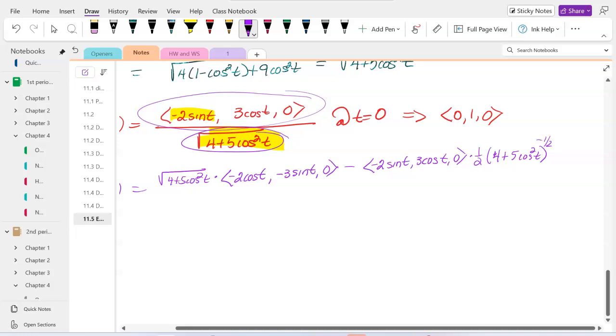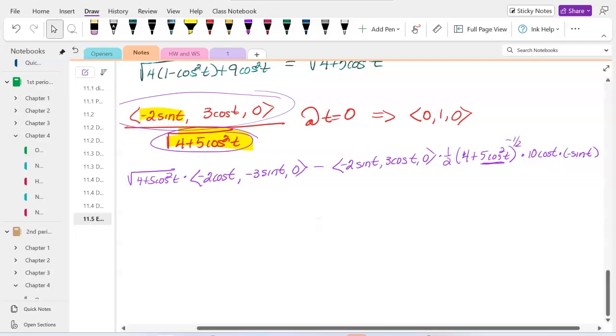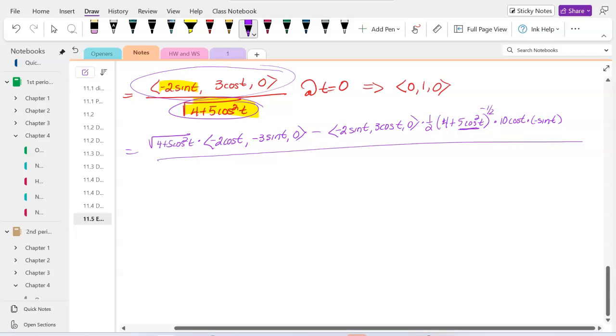I've got to deduct that 1 times the derivative of the inside, which is a multiple chain. 2 times 5 is 10. I have cosine t times the derivative of cosine t. That's horrible. Okay, now that I have that, I square the bottom, and away we go.